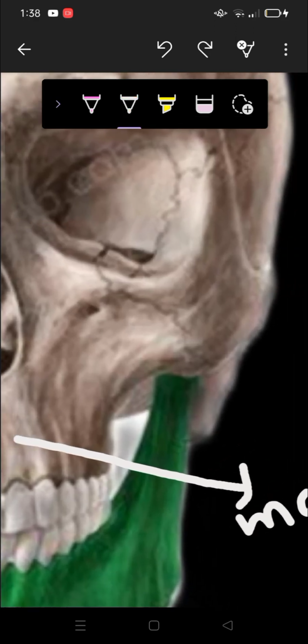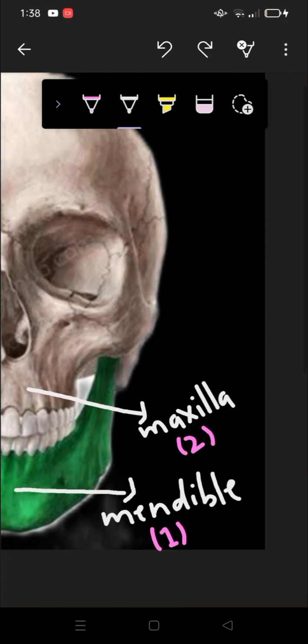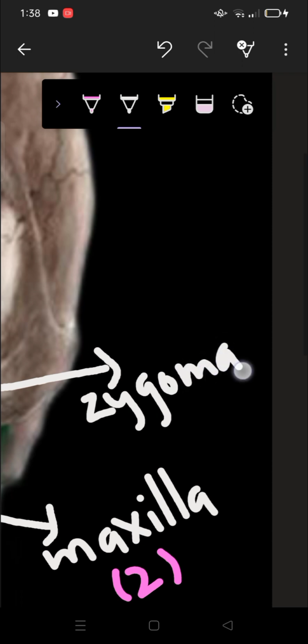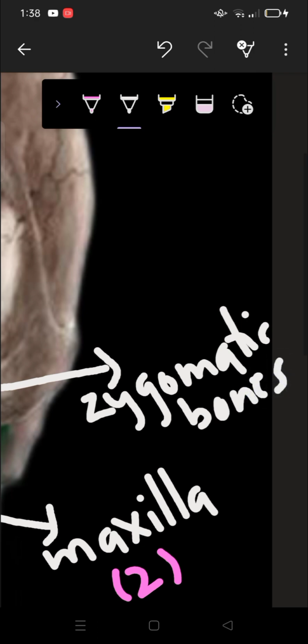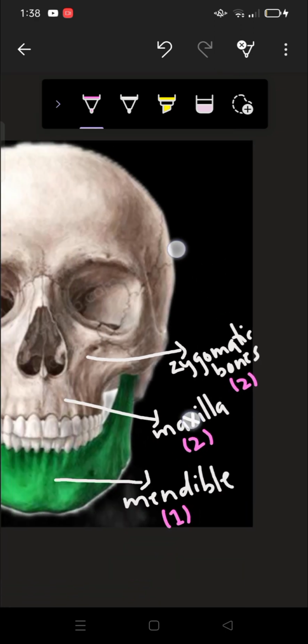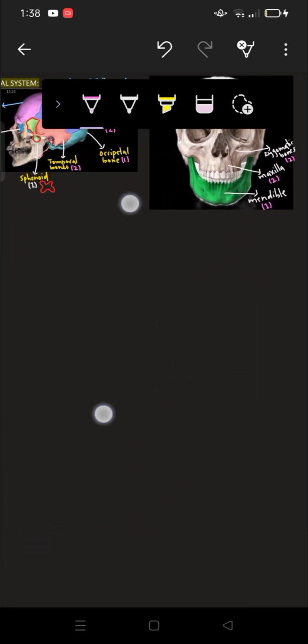Here we have zygomatic bones, which are how many in number? 2 in number. Zygomatic bones are 2 in number, and mandible is 1 in number.